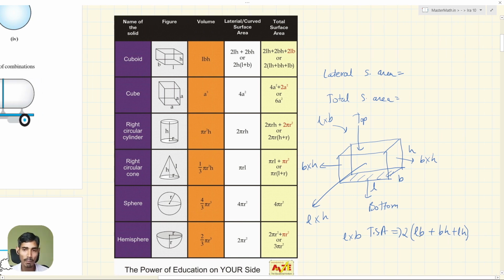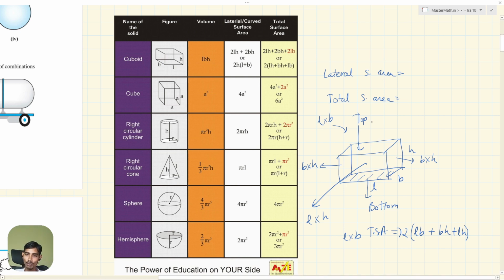Now, why did I make it separately? Because in some cases, suppose you have a Flipkart box, so for instance, the top of that is removed. Some children tore that apart. So now what's the remaining surface area of that?